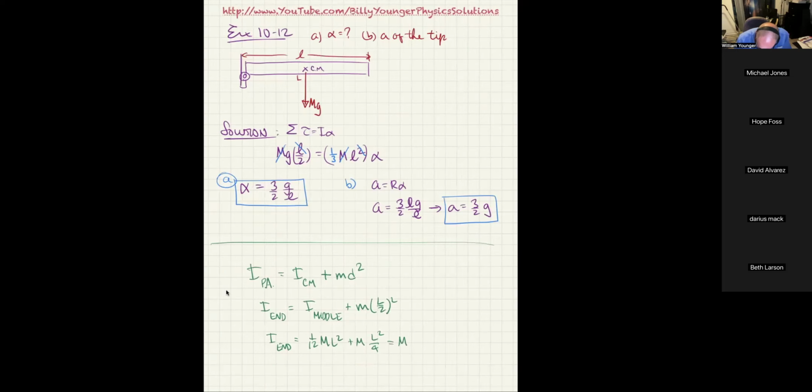There's a common factor of ml squared, and 1/12 plus 1/4 becomes 3/12, and 3/12 plus 1/12 is 4/12, so we get ml squared times 4 over 12, which is 1/3. So we get 1/3 ml squared. And you can see that, in fact, that's exactly the formula we got for rotating about the end.